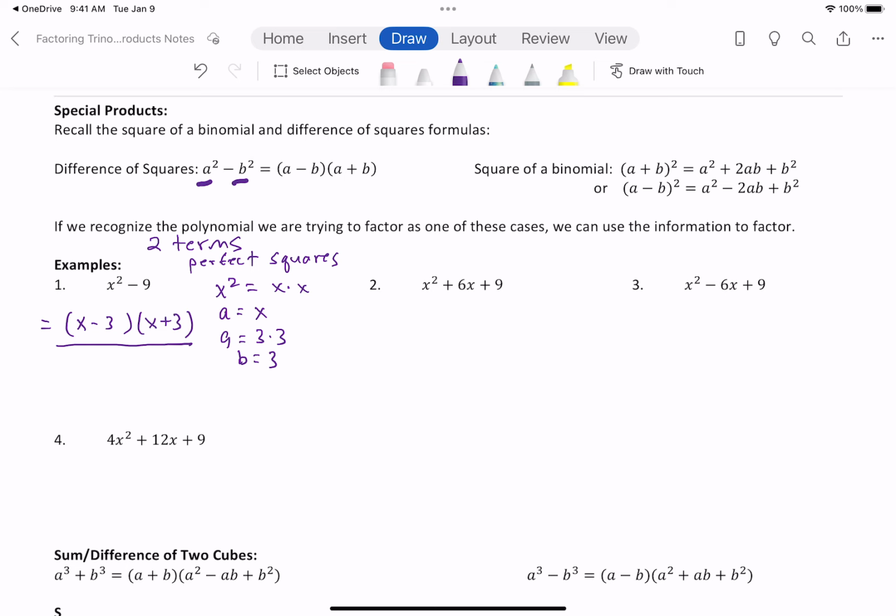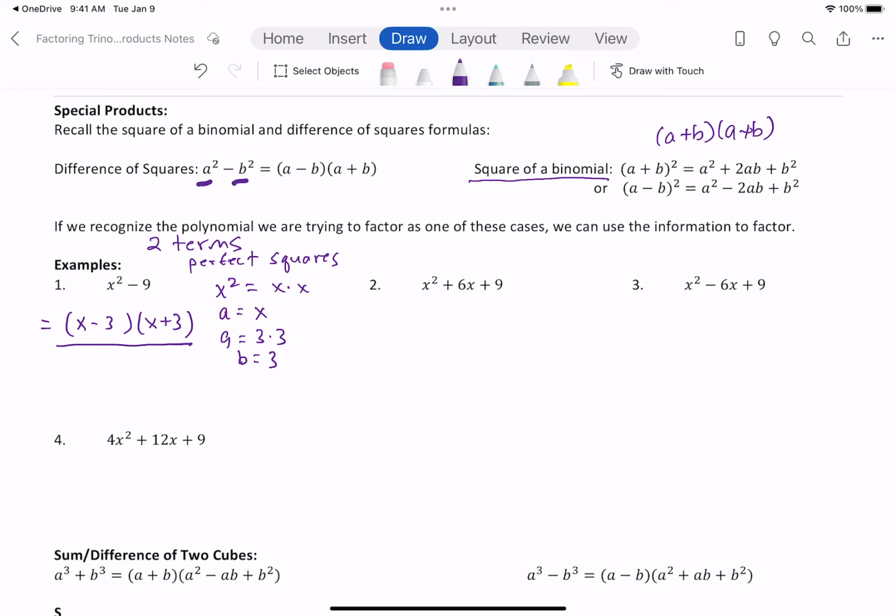Alright, the next couple that we're going to look at are going to be important later when we start looking at quadratics, and we're talking about perfect square trinomials. So we talked earlier about squaring binomials when we talked about multiplication. We said if I had a plus b squared, that was the same as writing that out twice.